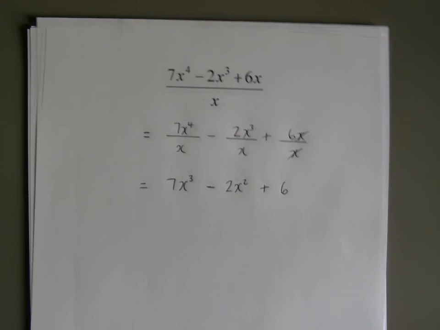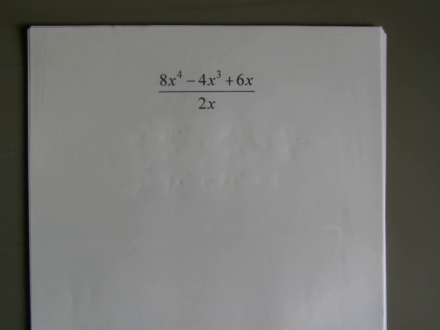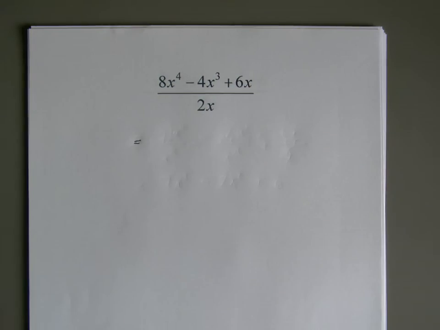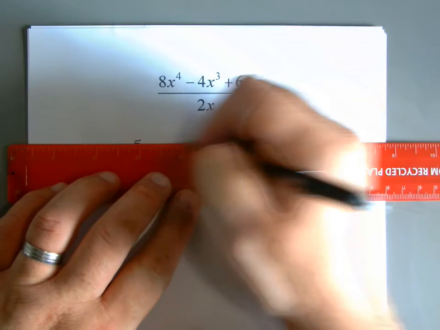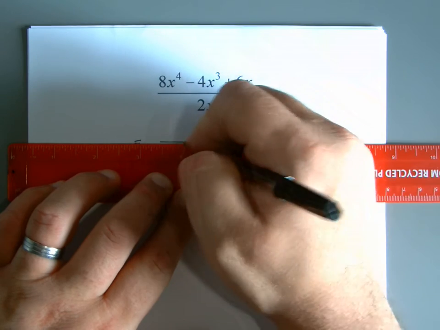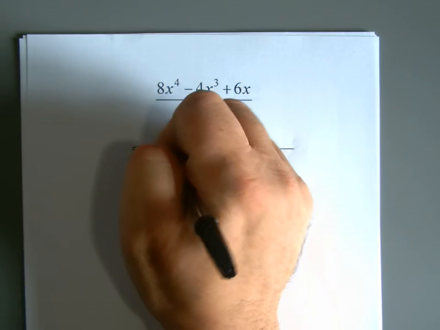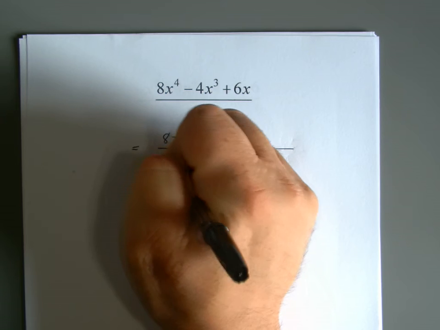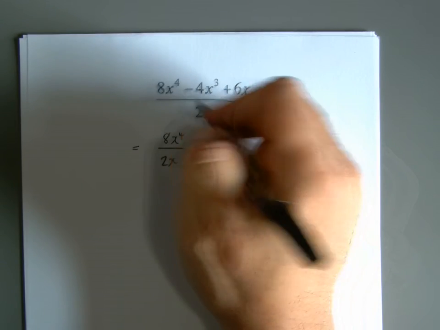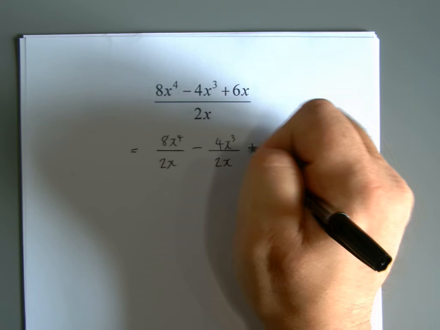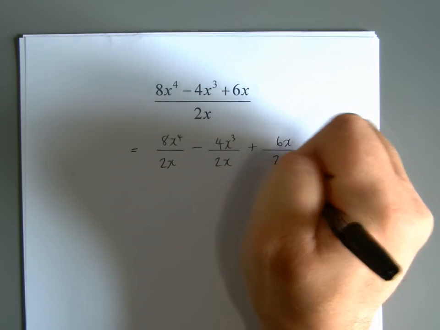Let's look at another one. So in this case you can see we need to divide every term on the top by 2x, so let's split it up. So we'll have 3 fractions then, 8x to the power 4 divided by 2x, take away, because there's a minus there, 4x cubed over 2x, and then there's a plus, 6x divided by 2x.